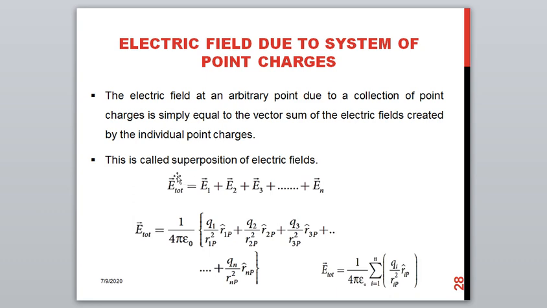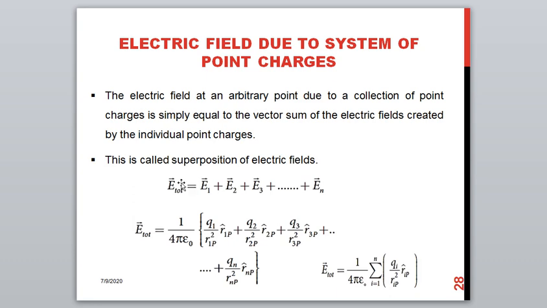For force, we added up all the separate forces to calculate the total force. Similarly, for the electric field, you add up the electric fields due to each of the charges, and you get the total electric field.